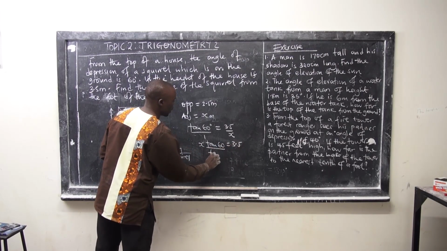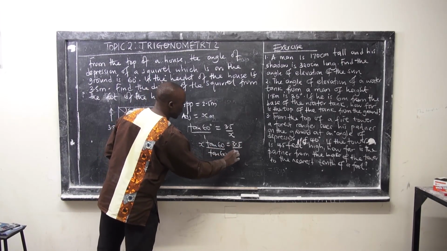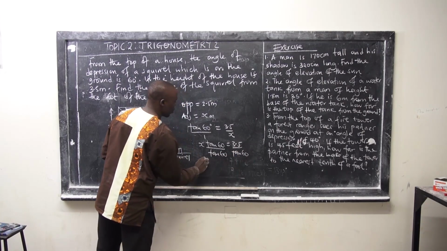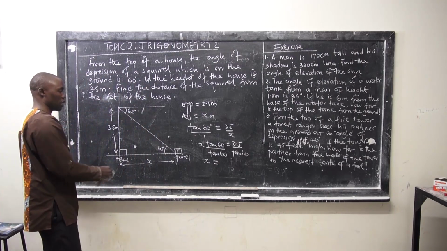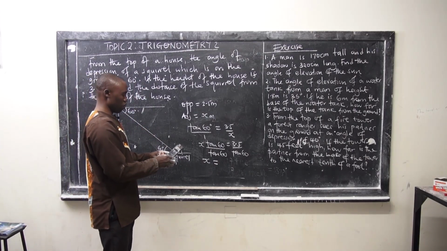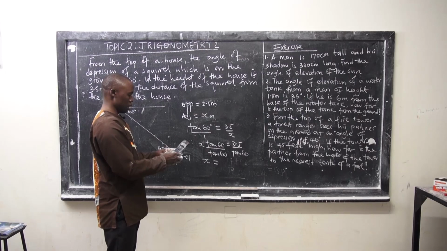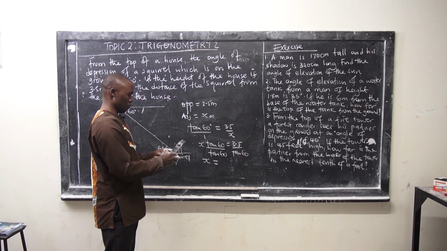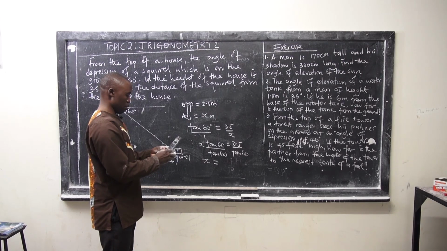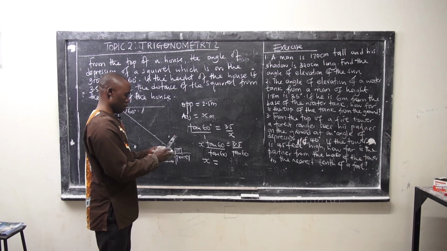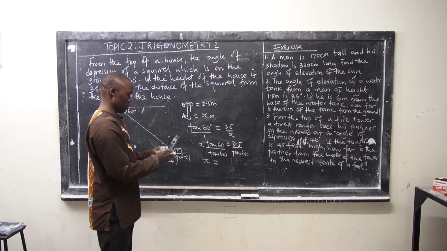So divide by tan 60 on both sides, we get x is equal to 3.5 divided by tan 60.